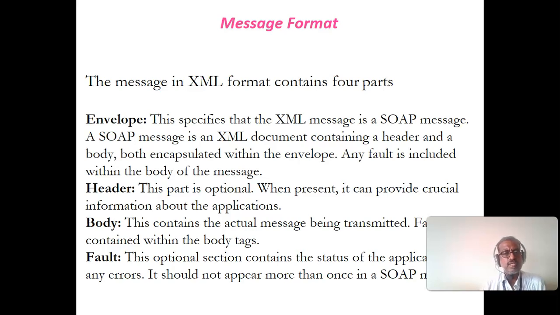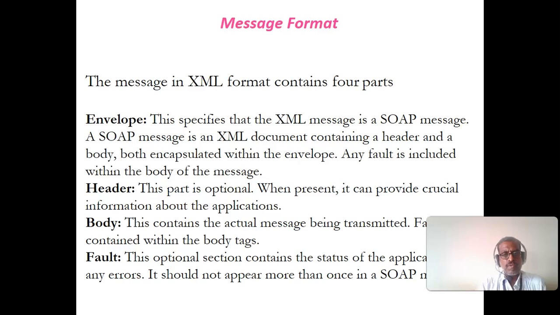Any fault message, because it is optional, whether it is included within the body of the message or not, is conveyed by means of the envelope.